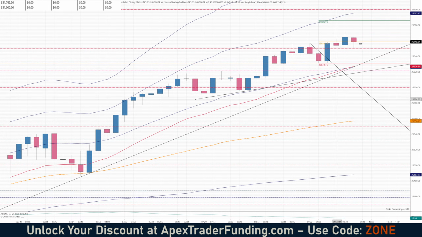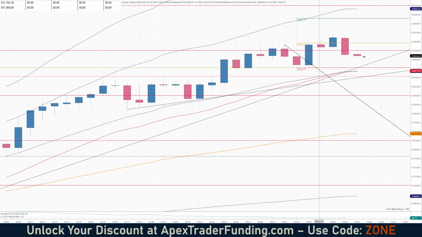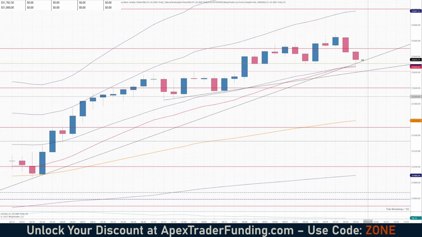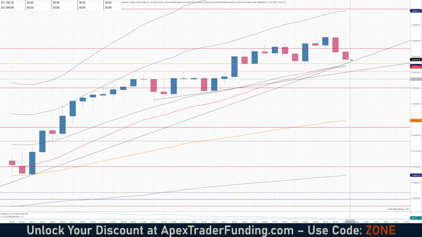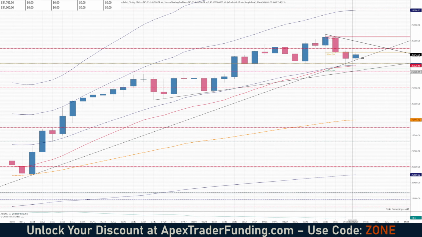All right, that is the bell. This move stopped out. Currently, we're in this bearish move now, but there's a lot of support underneath us here.